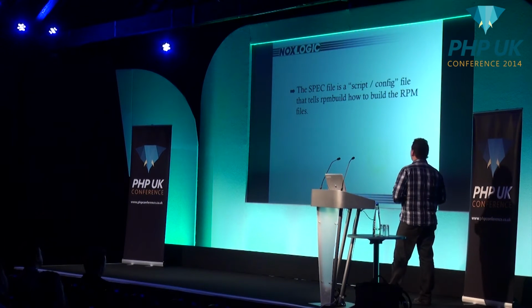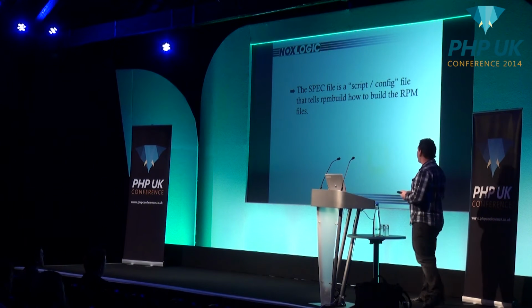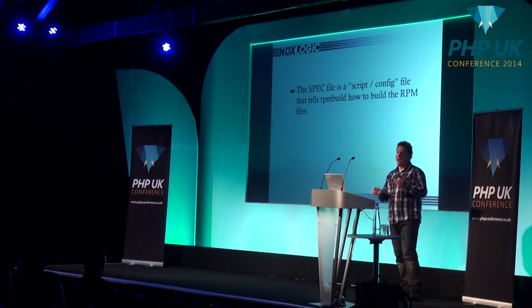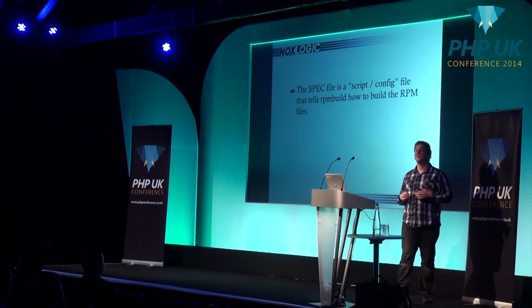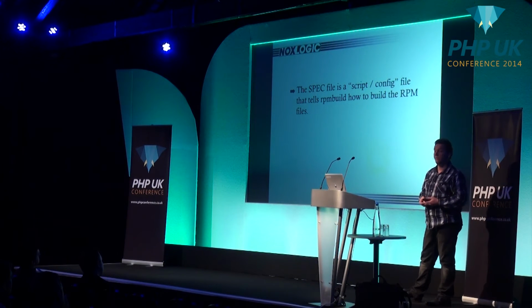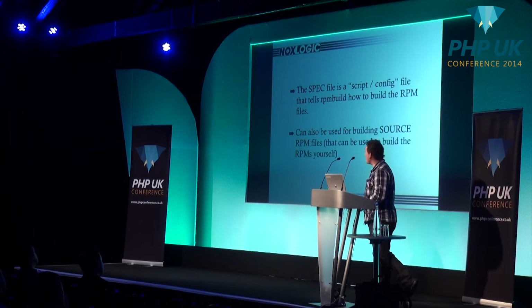Now, I told you before, the spec file is the most important file because the spec file is actually a mixture of a script and configuration file that tells rpmbuild how to actually build RPM files. They can also be used for building source RPM files.